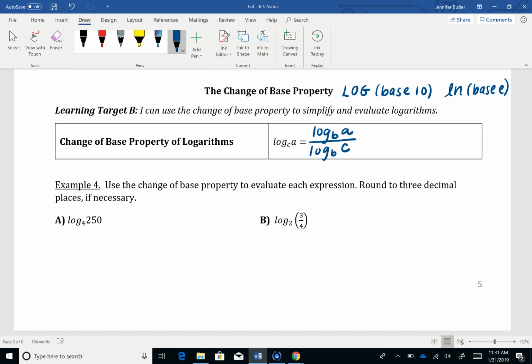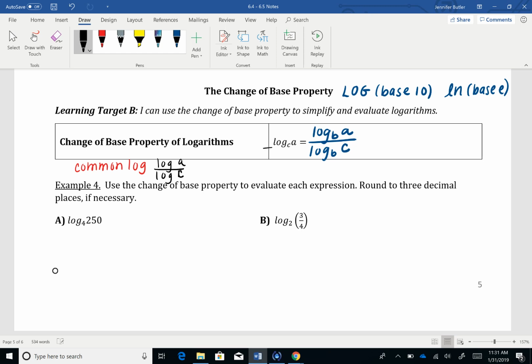Now, since we only have common log and natural log on our calculator, we generally choose either of those bases. So if we want to use common log, we might say in terms of common log, this property we would just say log of a, and we'll divide it by log of c.